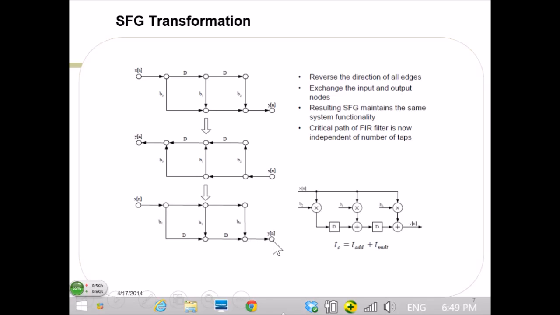Now if I look for the critical path, it doesn't depend on the order of the filter. It is only one adder delay plus one multiplication delay. So by changing the signal flow graph, the critical path no longer depends on the order of the filter. This is one thing we use in filters.